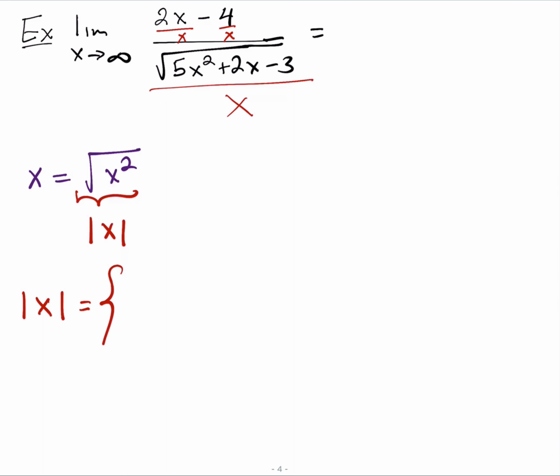I told you guys we were going to do this over and over again. So how do I write the absolute value of x as a piecewise function? When x is greater than 0, it's just equal to x, right? When x is less than 0, absolute value of x is equal to negative x, right?